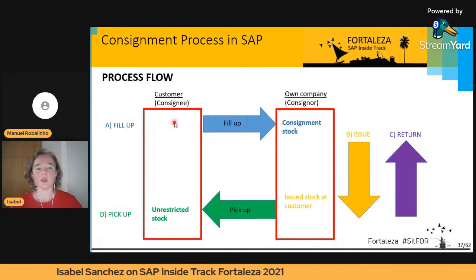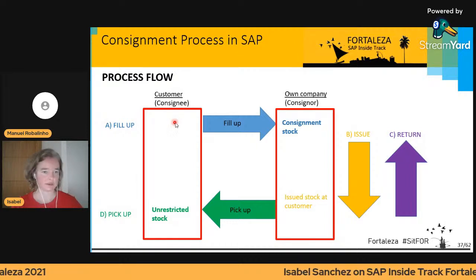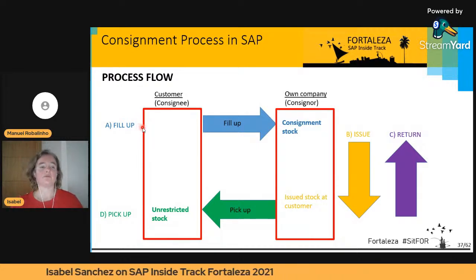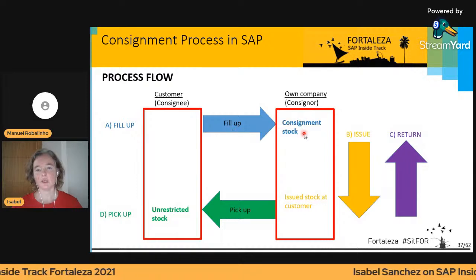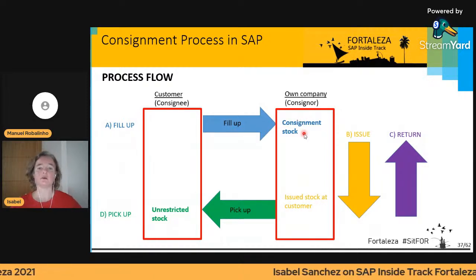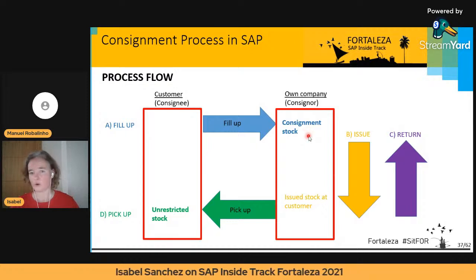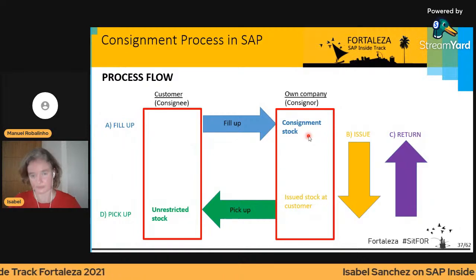In this case, we have four different processes. First one is fill up, where you declare that you have a customer consignment stock.